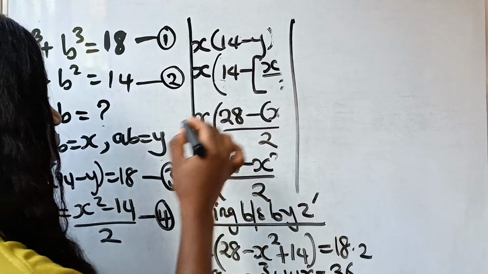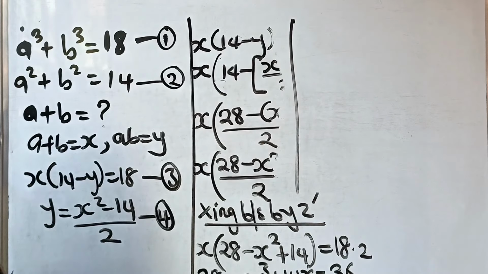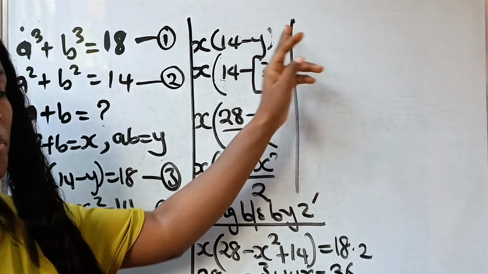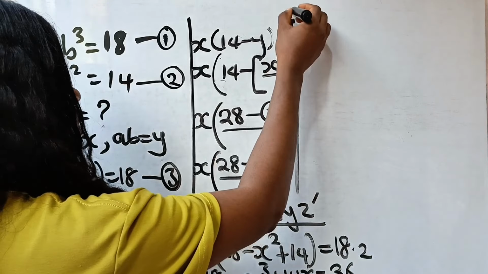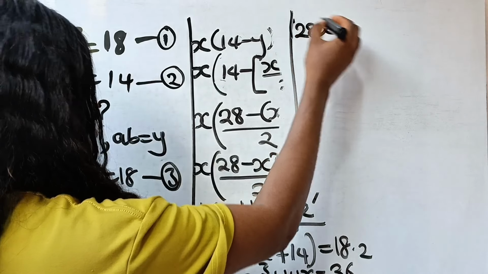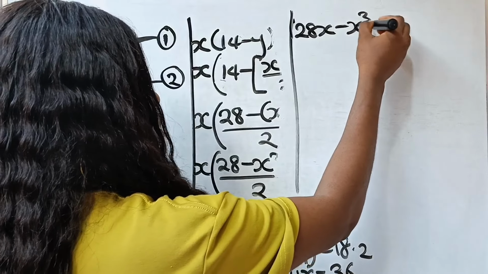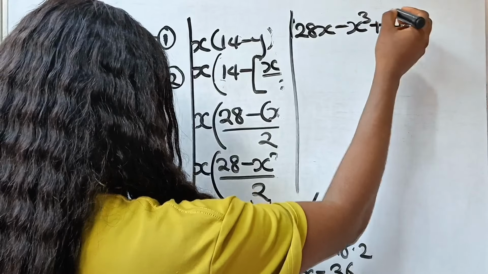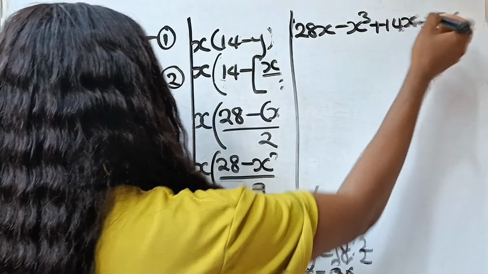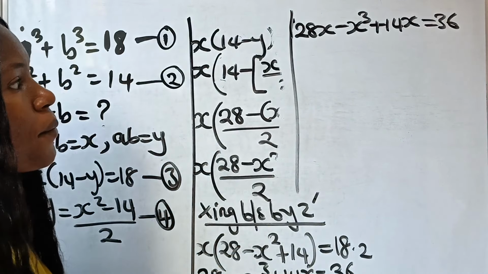Yeah, I think so. So just in case you didn't see what I wrote last, I'm going to repeat it here. So I have 28x minus x to the power of 3 plus 14x is equal to 36. That is what we have there.